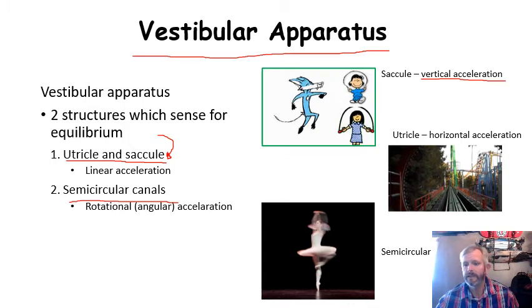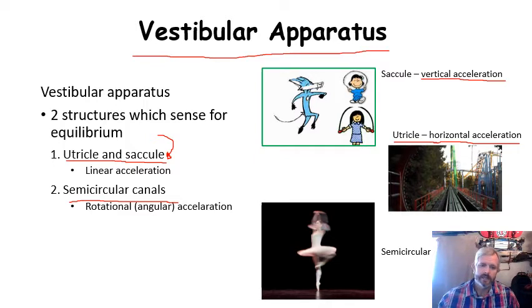The organs that account for that, letting us know we're moving in this horizontal direction, are the utricle. So these are the otolith organs. They give us sensation of where we're moving in a vertical plane and a horizontal plane.